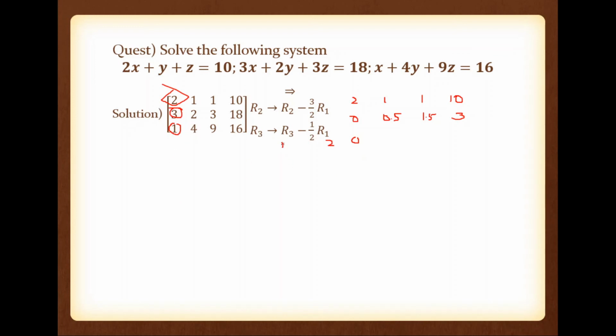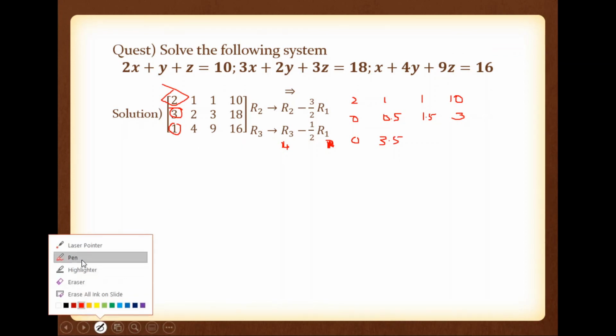That is 4. What is the corresponding row 1 element? That is 1. So what is 4 minus 1 by 2 into 1? That is 3.5. Right?